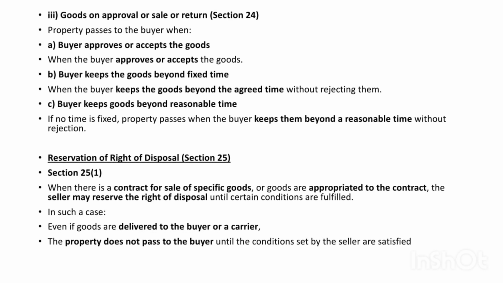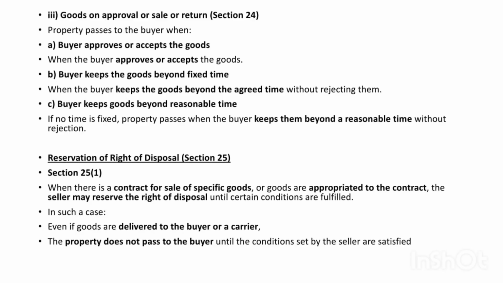Meaning, even if I give you the goods, I can still remain the owner until you fulfill my condition. So this is all about reservation of right of disposal. So section 24 lets the buyer decide ownership by action, and section 25 lets the seller delay ownership despite delivery. Both override normal rules.